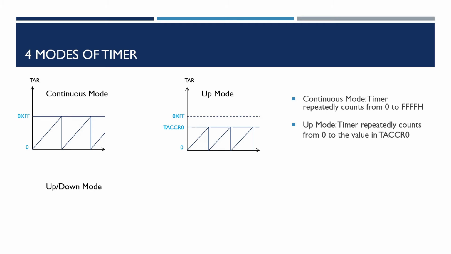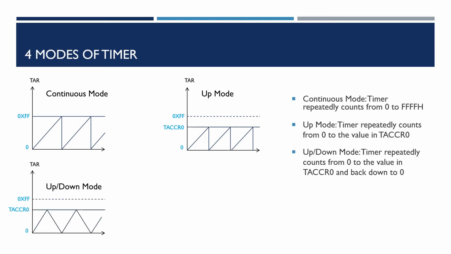Then the next is up-down mode. That is also a kind of compare mode. In here, again you're setting a value which is different from 65535, and here also it counts repeatedly from 0 to TACCR0. But you can see that from TACCR0, it does not immediately go to 0.